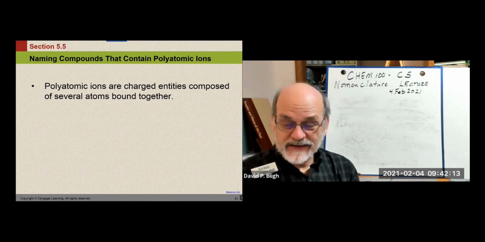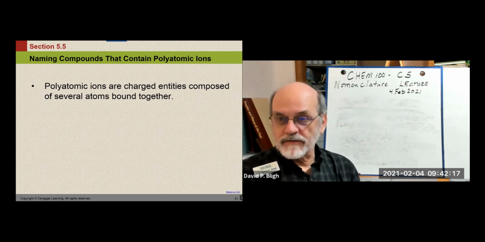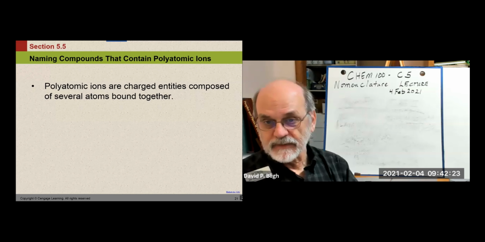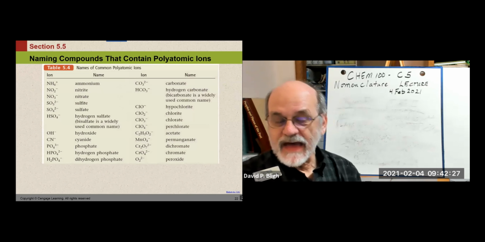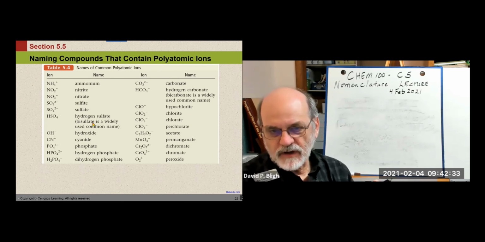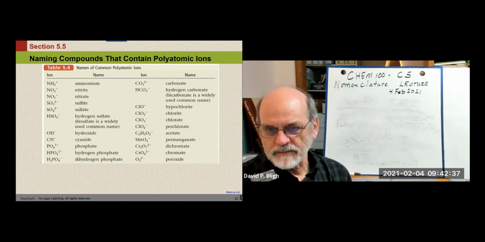So in those cases, all but one of them is negative, so they occupy the anion position, the second position. And they have names, right? So you have to know the names. The slide says memorize the names. If you use them enough, you'll remember them.